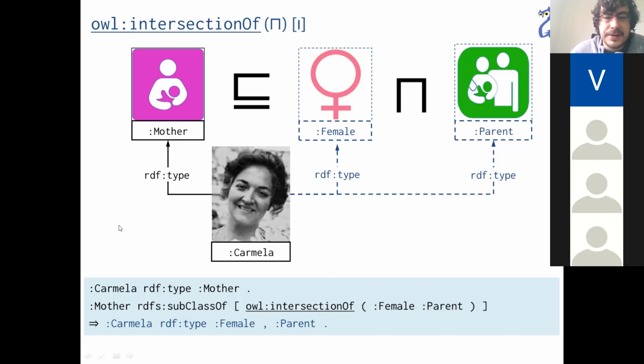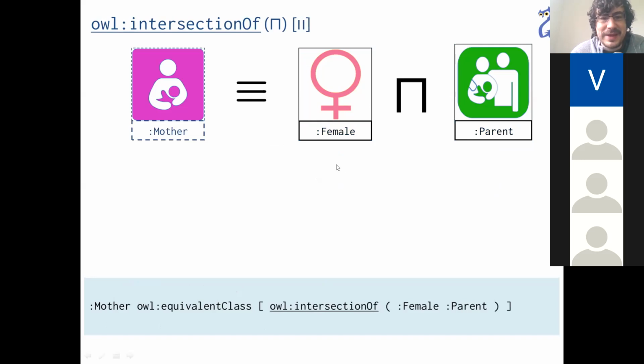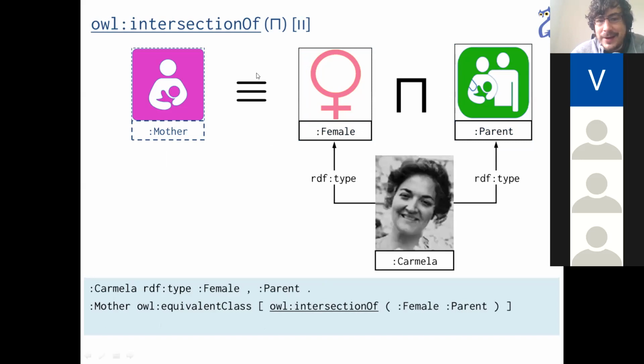Before we move on, let's take another example, but going in the other direction. This symbol here means equivalent class. So we saw subclass of before, but this is sort of like a two-directional subclass of. If we have here that these two classes are equivalent, it means that mother is really the precise intersection of female and parent.